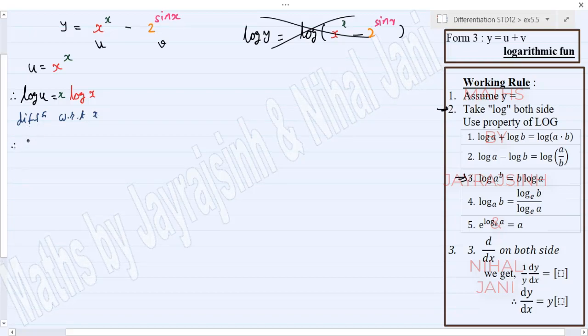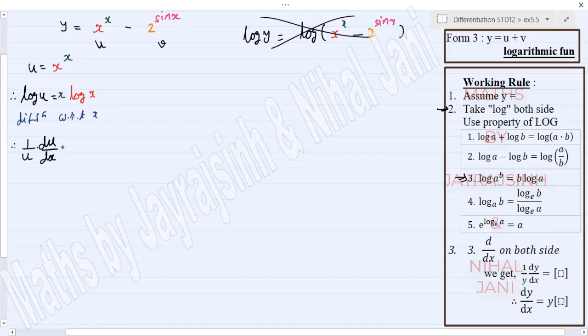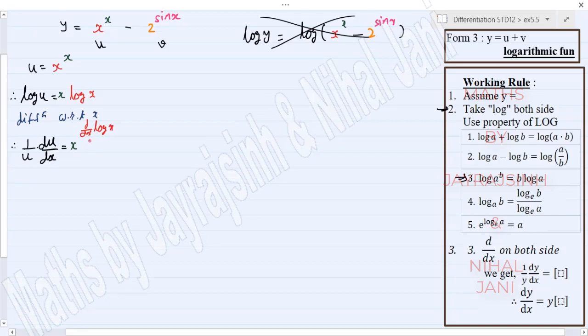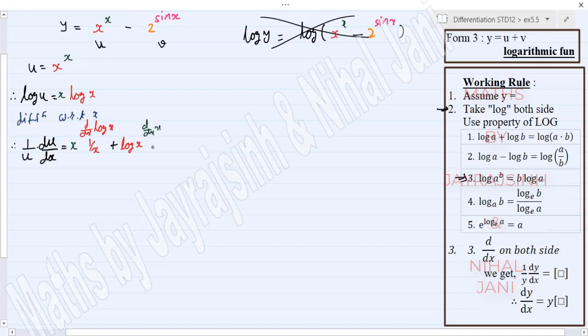So on left hand side we will get 1 upon u into du by dx, and on right hand side we have to apply multiplication rule, in which x will be as it is, differentiation of log x will be 1 by x, plus your log x will be as it is, we just have to differentiate x, which is 1.